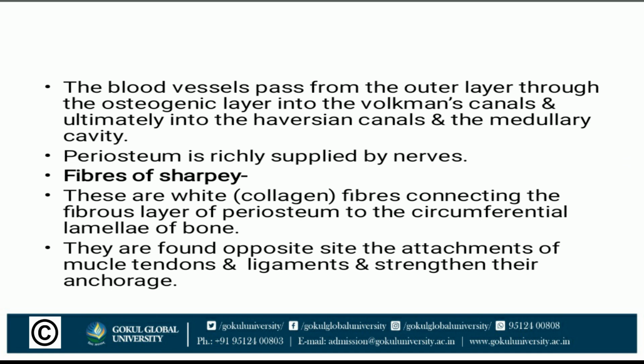Now, fibers of Sharpey. What are fibers of Sharpey? These are white collagen fibers connecting the fibrous layer of periosteum to the circumferential lamellae of bone. They are found on the opposite side of the attachment of muscle tendons and ligaments and strengthen their anchorage.